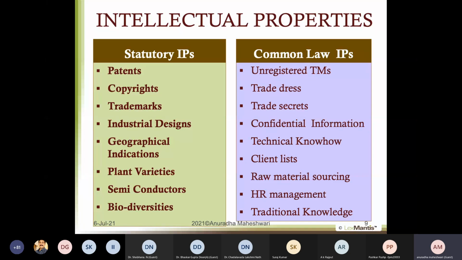For example, the moment we use the word turmeric, turmeric is something very specific to India. And not that only Indians are using turmeric, but we have analyzed and studied the uses of turmeric like no other country has done. It's very common knowledge in India to know about the antiseptic properties of turmeric. Everybody knows it because it is there in the public domain. This is our traditional knowledge.